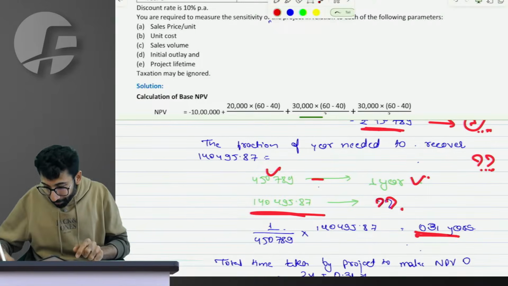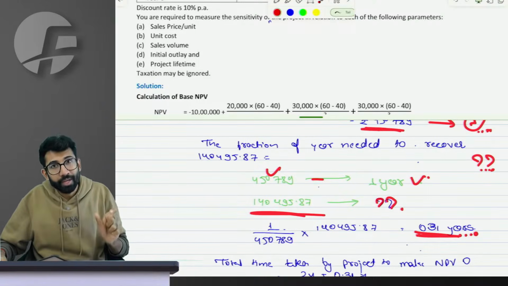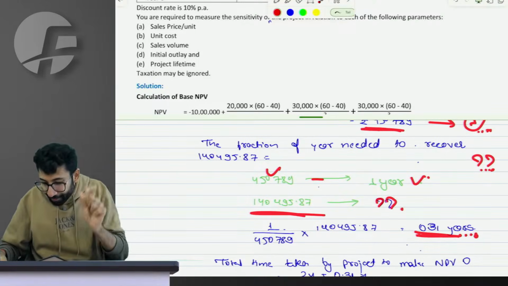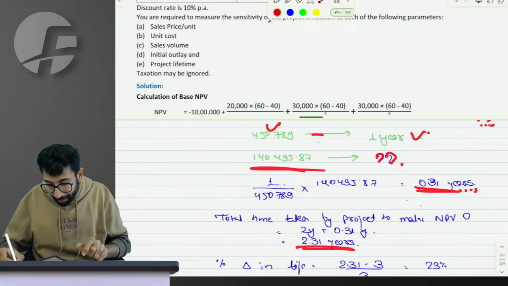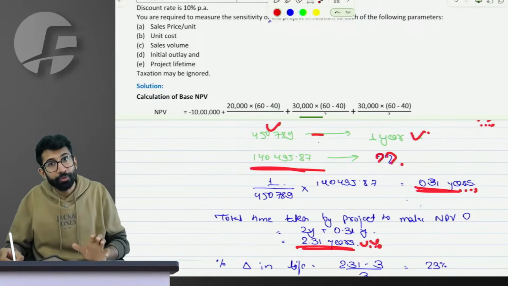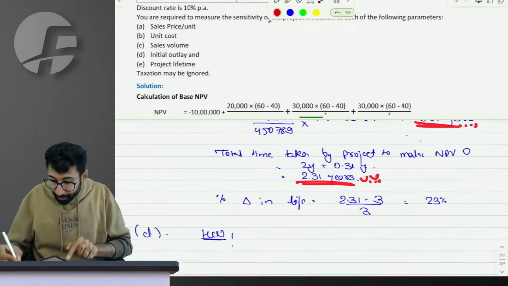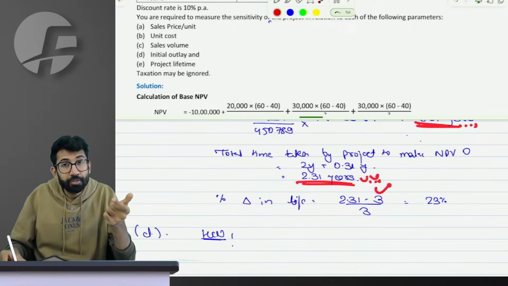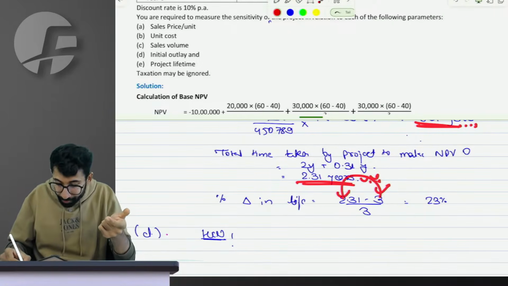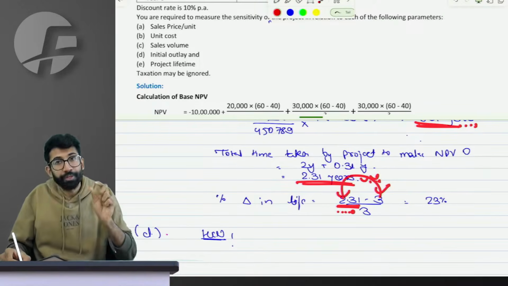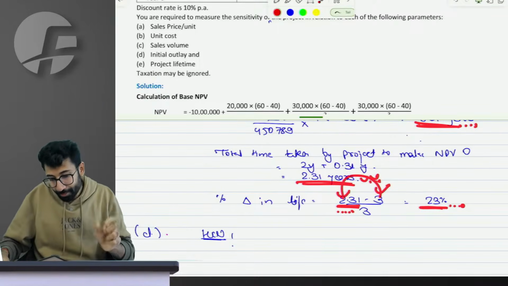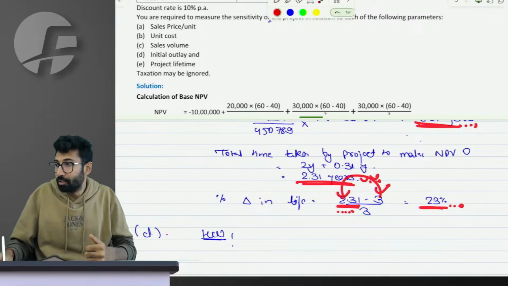So it will be 0.31 years. So can I say in 2.31 years in total, I'll be able to make my NPV 0. Rather than 3 years, which was my original life, to make the NPV 0, the life should be 2.31 years, which is a 23% change if you observe.